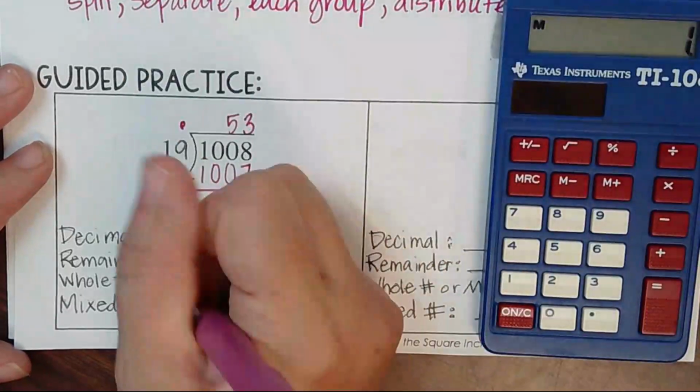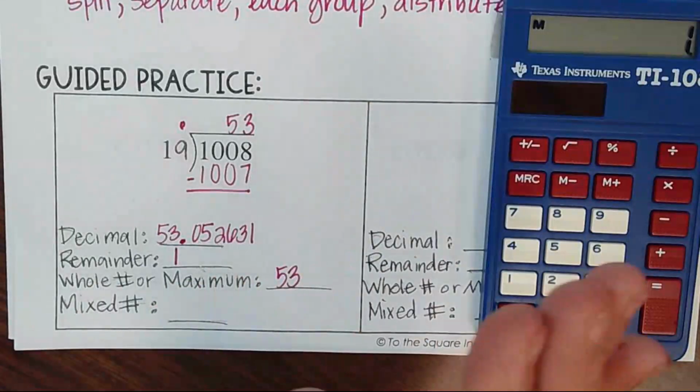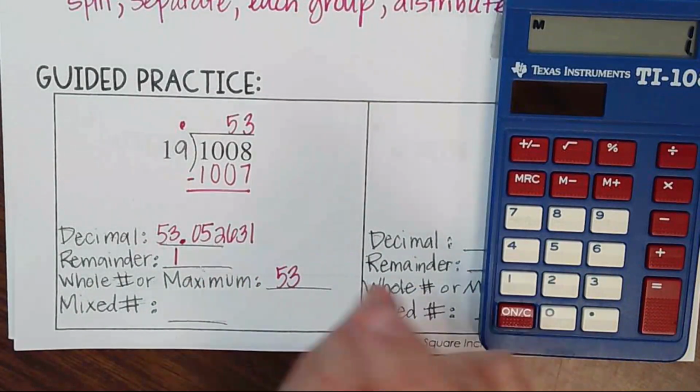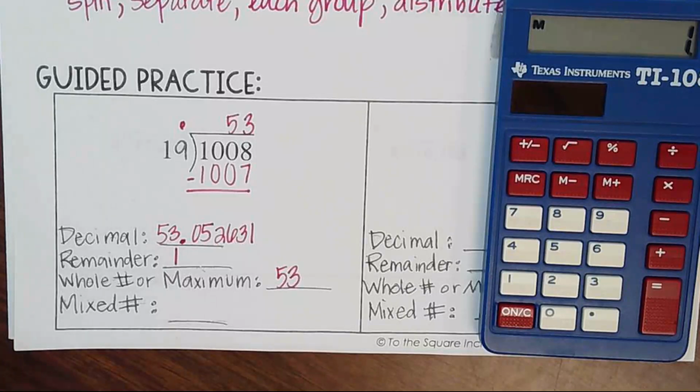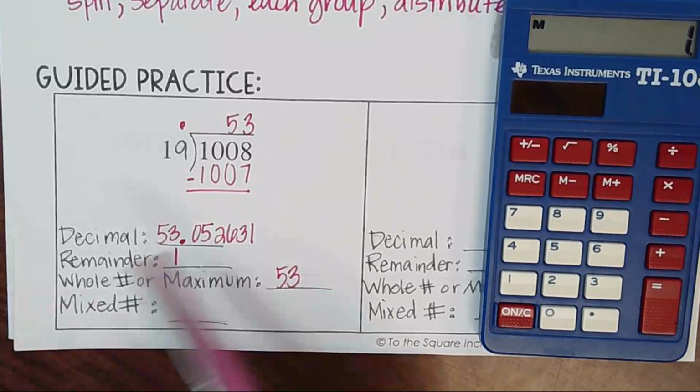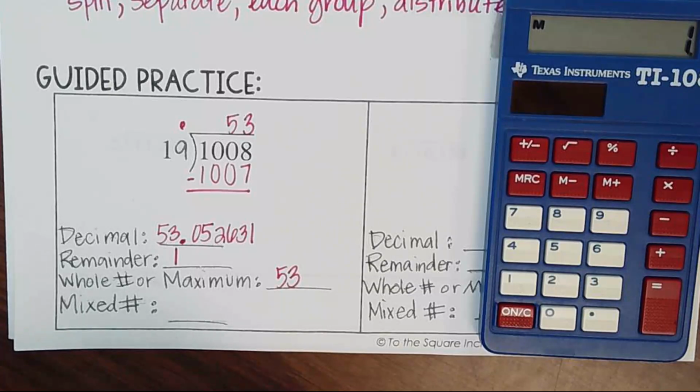1. Now, I will tell you the reason why we're only putting it in the calculator one time is how many people are in this room? 20. Plus me? 21. Okay, so 21 people are in this room. We're basically putting it in 21 times.